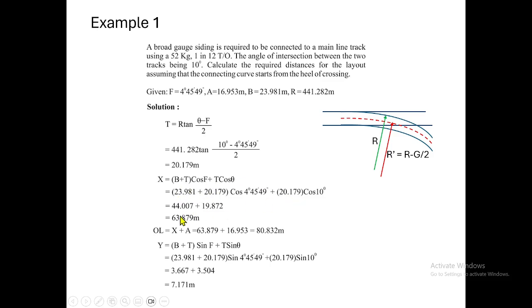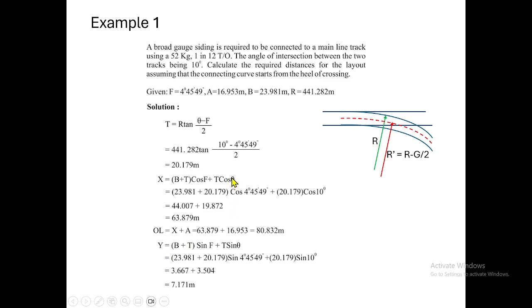Substituting everything, we got 63.879 meters. Like that, the overall length is the x distance plus A, from the point of intersection to the tangent point where the curvature starts in the siding. So x distance plus A, we will get the overall length.